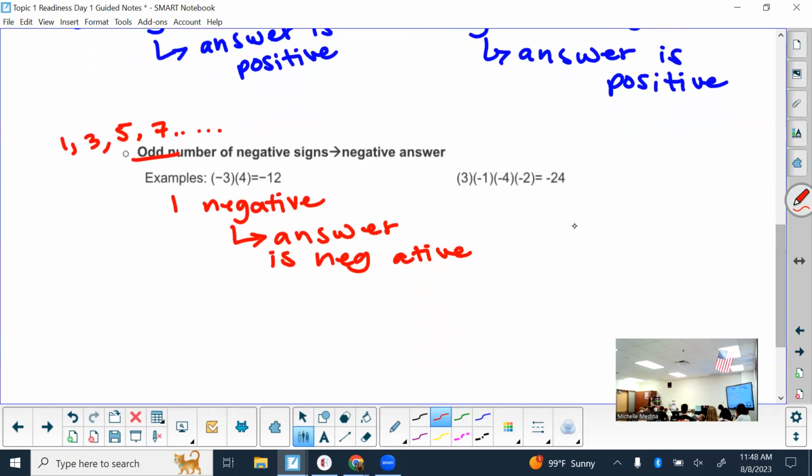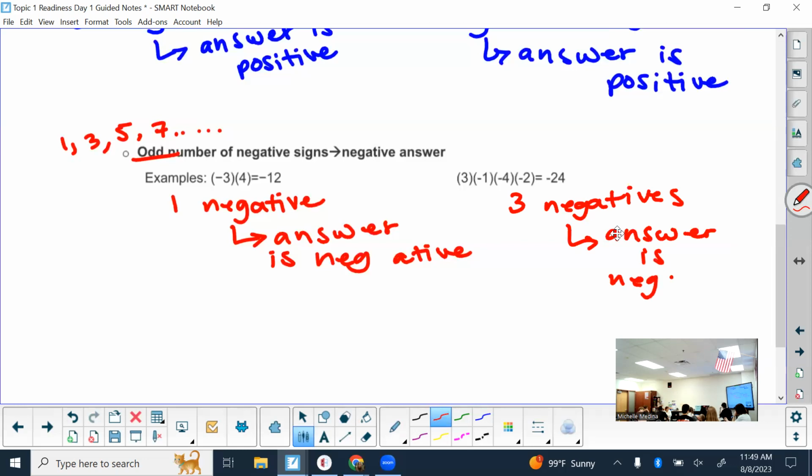Same thing over here. We have now 4 numbers being multiplied together. But count the number of negatives that you have. I have 1, 2, 3 negative signs in the problem for the things to be multiplied together. Since 3 is odd, answer is negative. All right, that's why we get a negative 24 here.